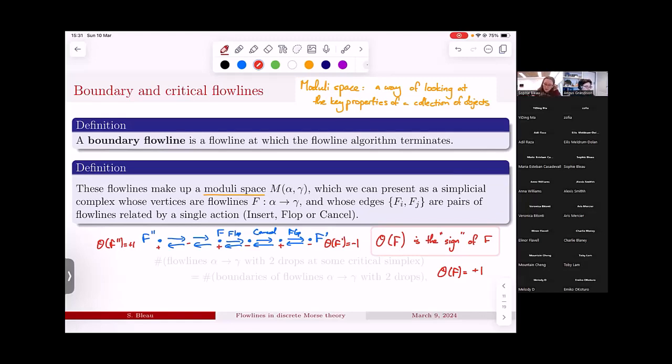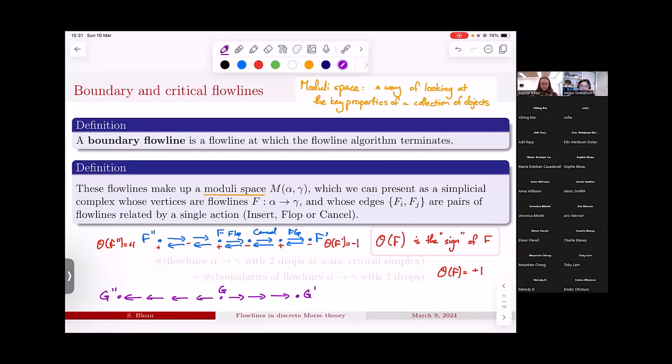Another thing that's worth noticing is that this algorithm doesn't necessarily seek out all flow lines in this moduli space. So say we've got another flow line G. Again, we can seek out some G prime, and then seek out, maybe it's a bit further away, some G prime prime. This will be another connected component of the moduli space.